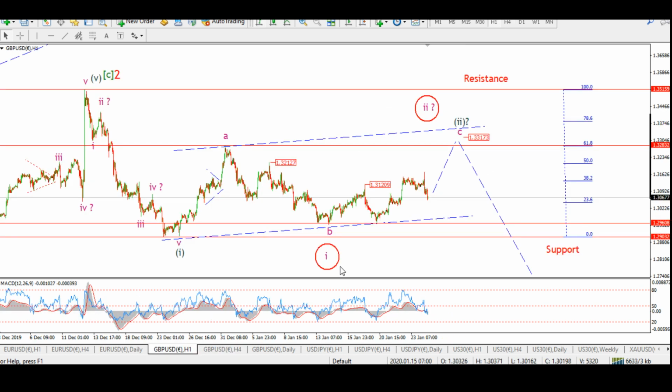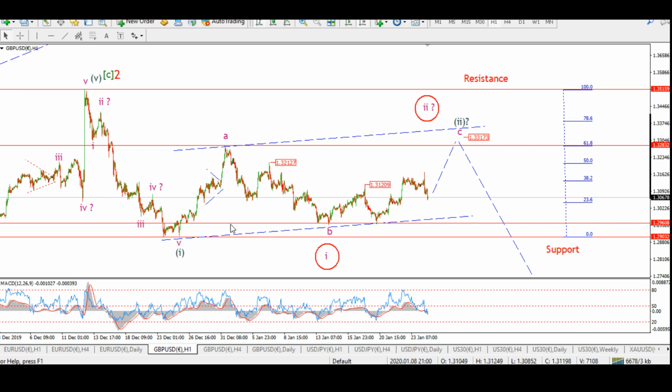Okay, so cable, the hourly chart, we've got 5 waves down in wave 1, A, B, and possible C wave underway. So far, here is the kind of conundrum, let's say, in cable.